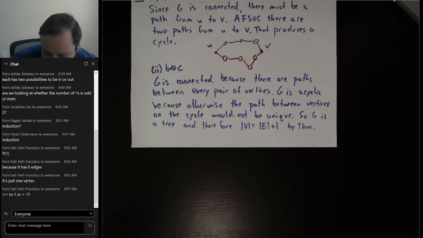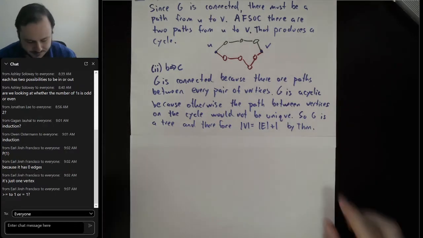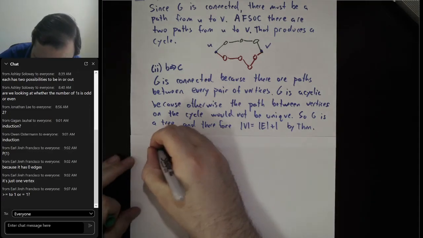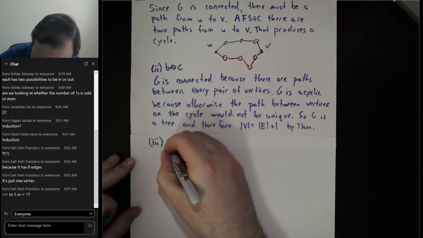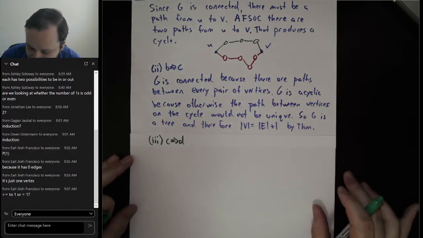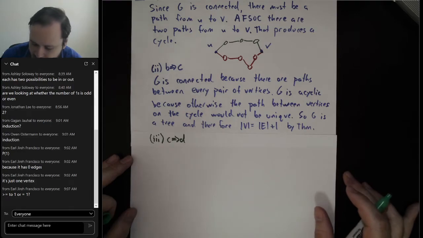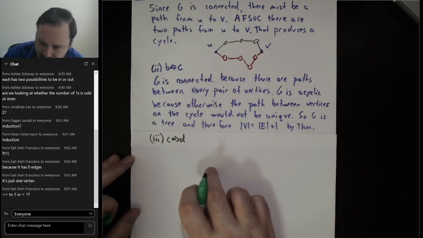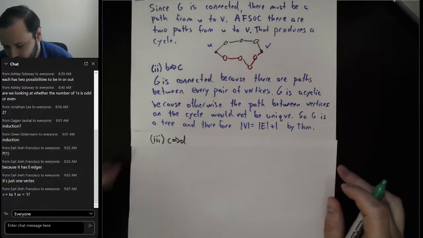Next, I need C implies D. So C implies D. I already have the correct number of vertices. I just need to show if I have the correct number of vertices and edges and I'm connected, then I must be acyclic.